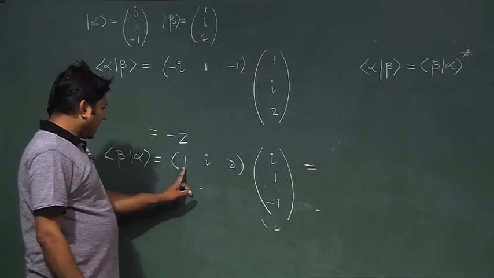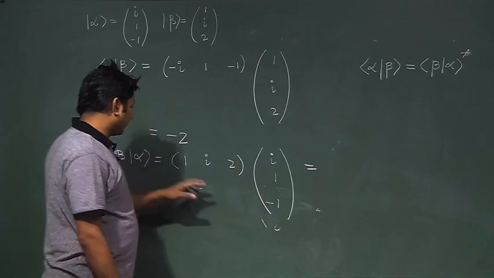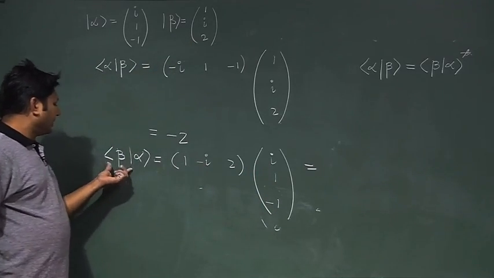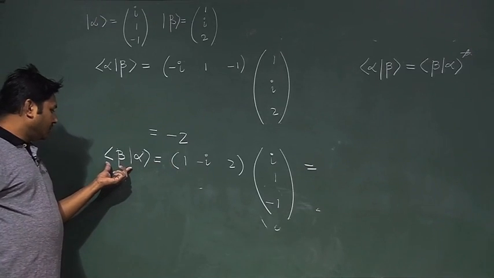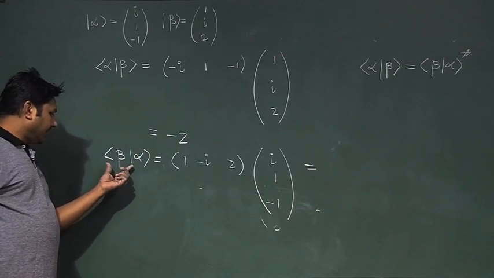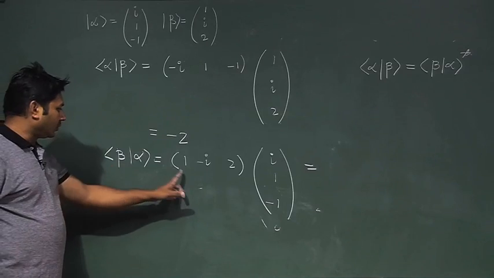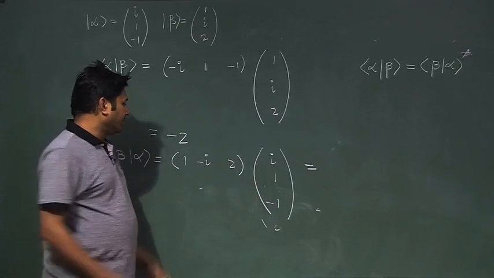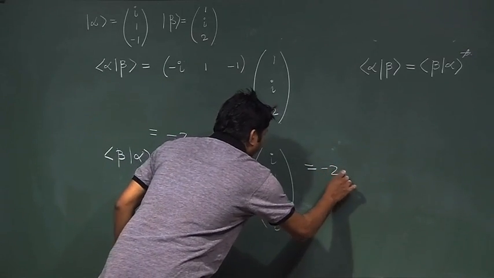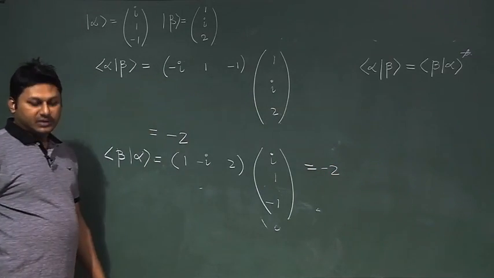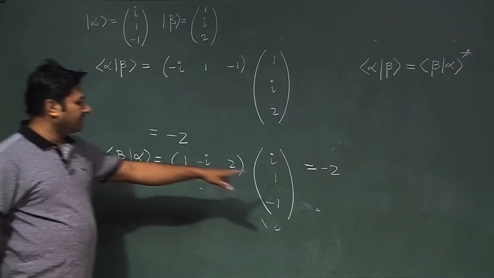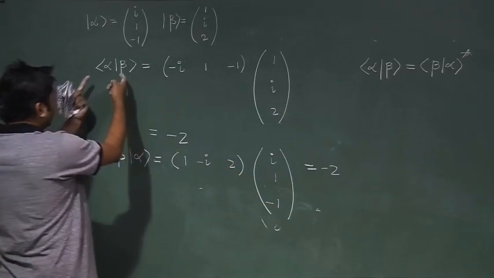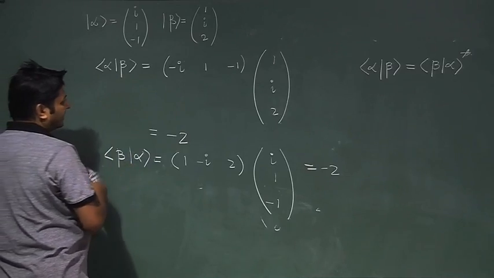Sorry, when I make this change, here it should be a minus 1 because I am taking the dual conjugation of the beta vector. So again I multiply by i, minus i, and it boils down to the value minus 2. There will be no change because both are real quantities, that is why alpha beta and beta alpha become the same.